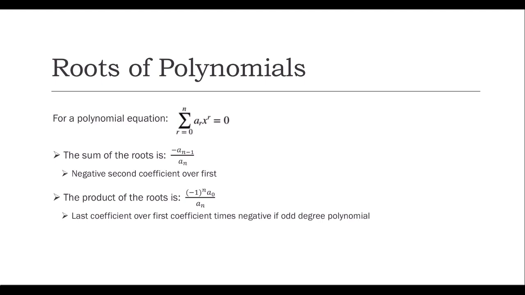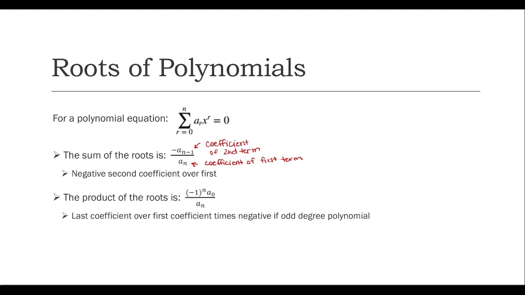So this a sub n minus 1 is the coefficient of the second term, and this a sub n is your coefficient of your first term. So you would take negative the coefficient of the second term over the coefficient of the first term, and that would give you the sum of your roots.